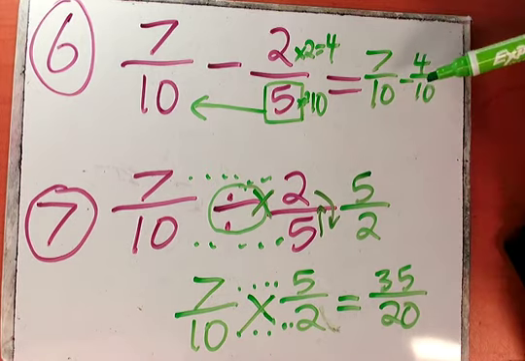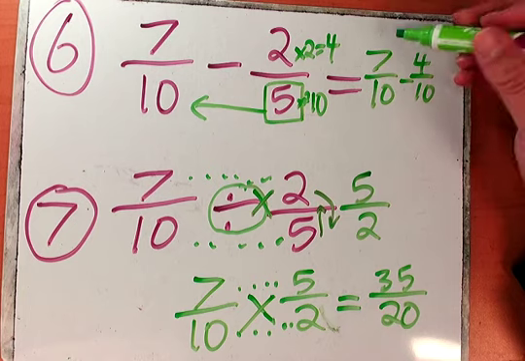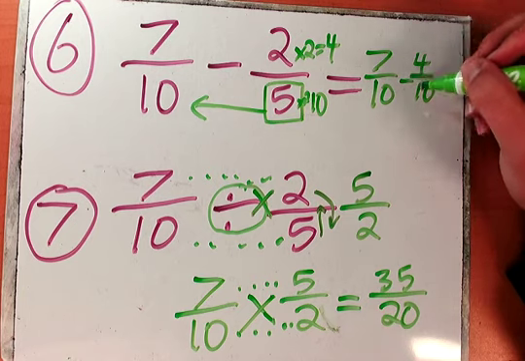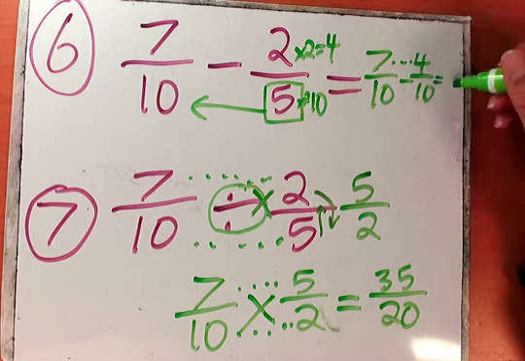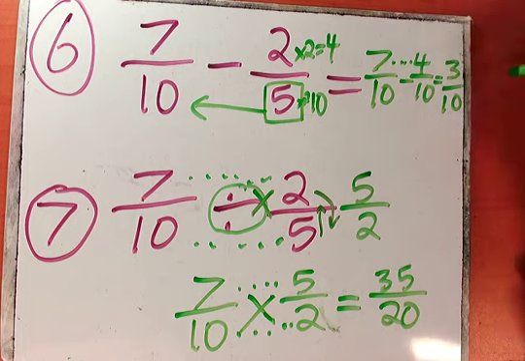It's the same question. All I did was convert this fraction to make it the same denominator. And so same thing as addition. Addition and subtraction are the same. You just do the tops and the bottom stay the same. So that's going to be all over 10. 7 minus 4 is 3. The answer to this question is 3 over 10.